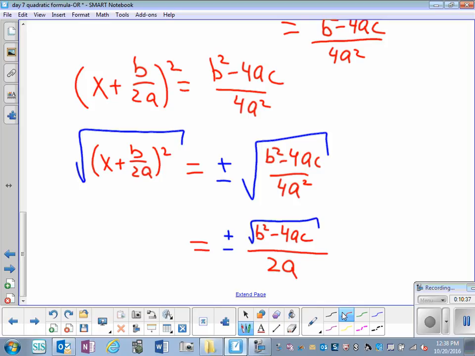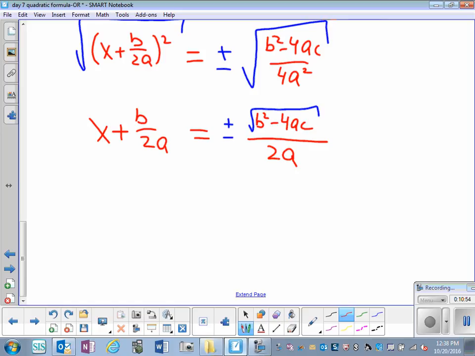So now the square root of this perfect square, what is it? It is just x plus b over 2a, right? Because square root and square cancel out. Almost there. See, we are getting there. So now I need to solve for x.